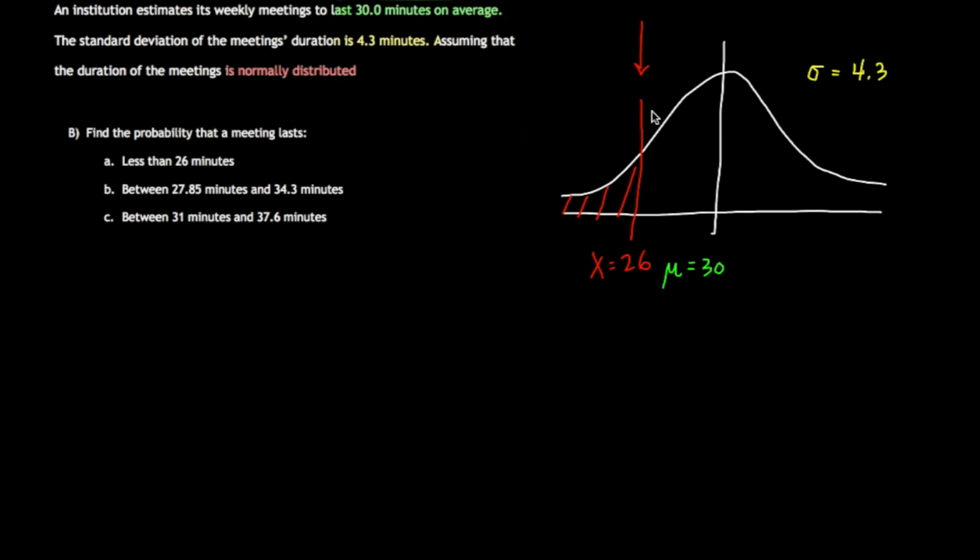There is no variation. You just want to know the exact probability at 26 minutes. And because there's no variation, it's at that one specific point. So the probability is 0 for a specific point on the bell-shaped curve. We're almost never going to be solving for a specific point on the curve. We always want an area under the curve, and that's going to represent a numerical probability, okay? So an actual number, I should say.